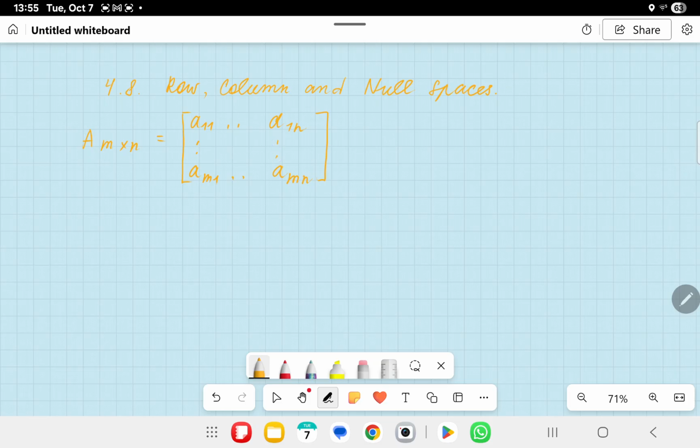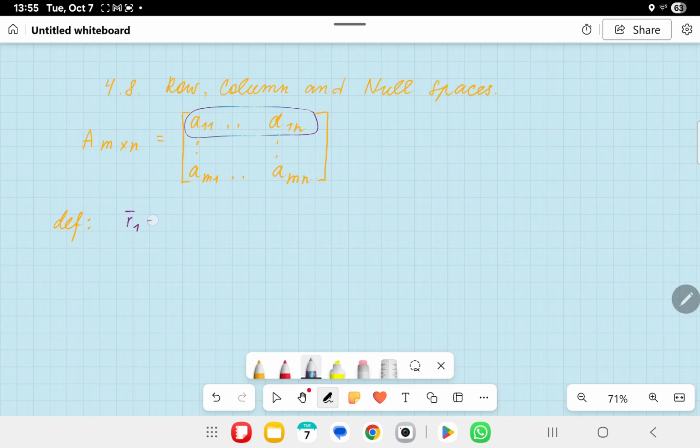So guys, by definition, we are going to call the space or span of row vectors. Row vectors are vectors which you get by cutting this matrix into rows. So let's write it down.